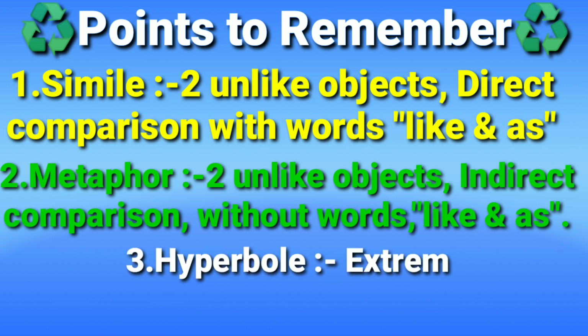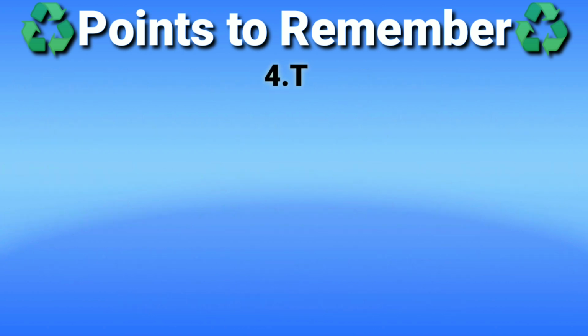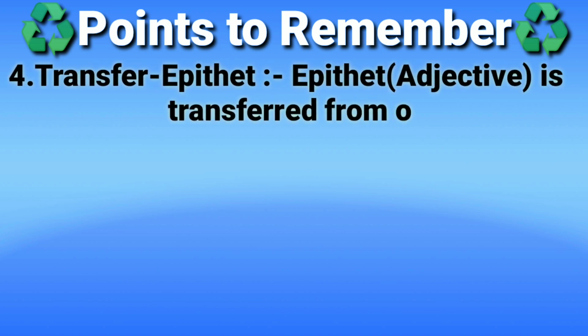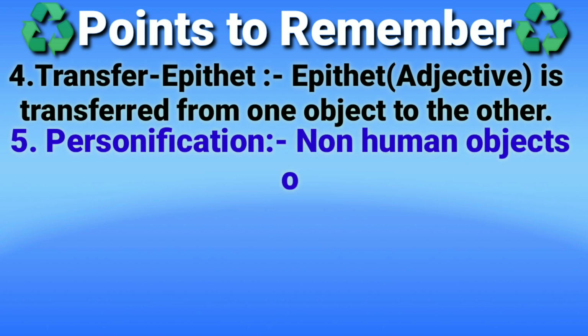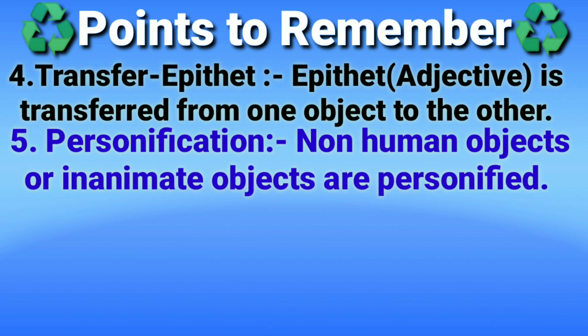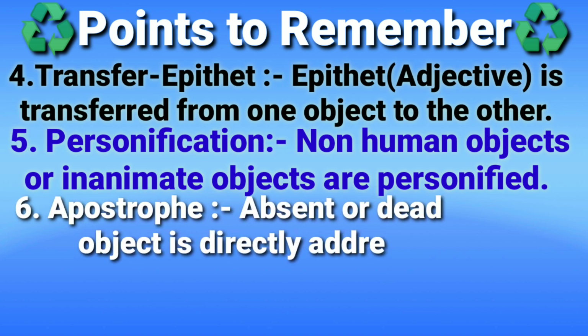Hyperbole: overstatement to emphasize something. Transfer-epithet: epithet or adjective is transferred from one object to another. Personification: non-human objects or inanimate objects are personified. Apostrophe: an absent or dead object is directly addressed.